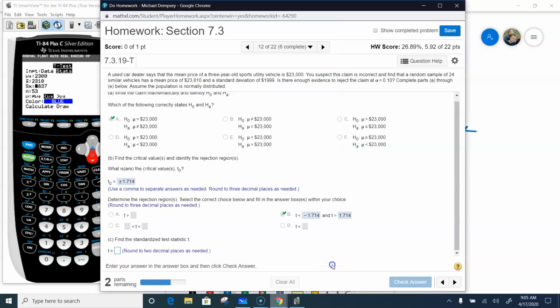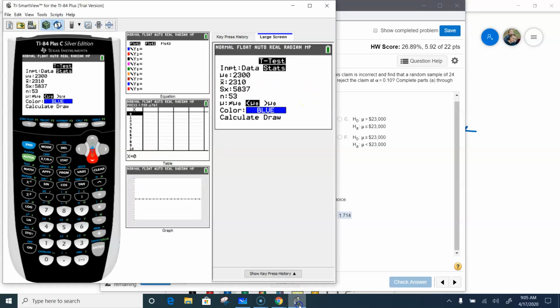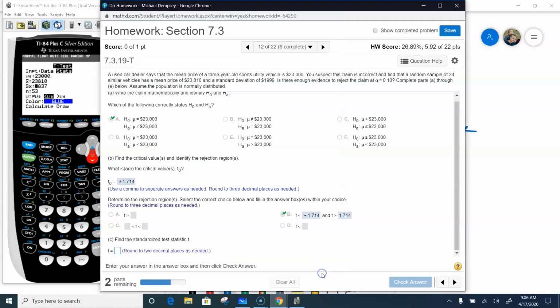And our sample standard deviation, 23,810. Thought I could memorize it, and I couldn't. And then our sample standard deviation is 1999.